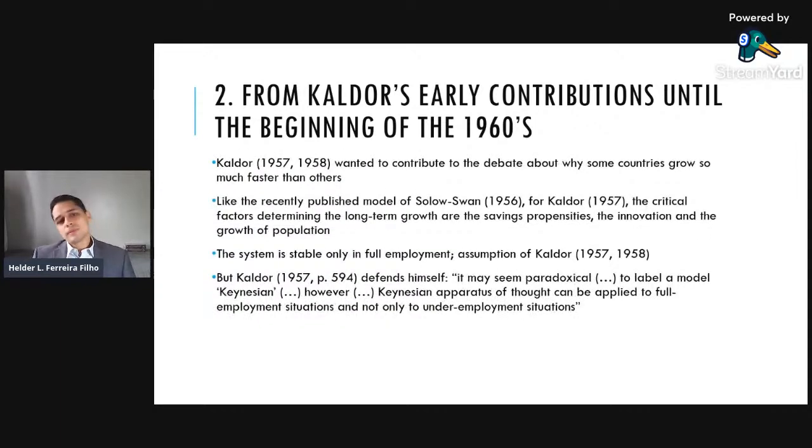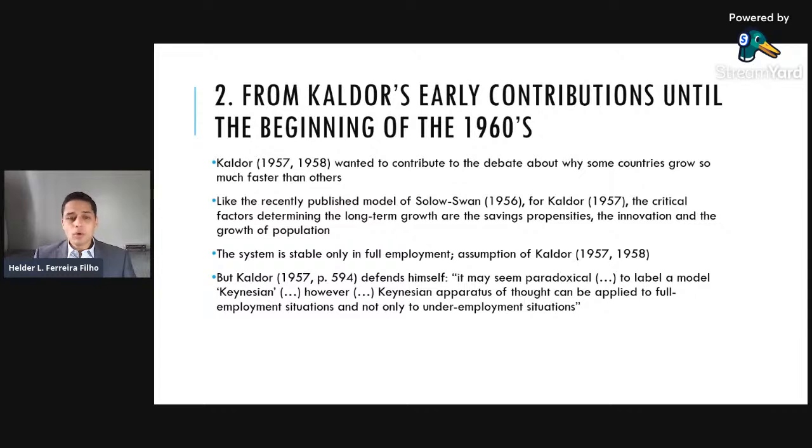The models of 57 and 58, for example, wanted to contribute to the debate about why some countries grow so much faster than others. Like the recently published model of Solow-Swan, Kaldor points out that the critical factors determining the potential output are saving propensities, innovation, and growth of population. So, neoclassical assumptions.